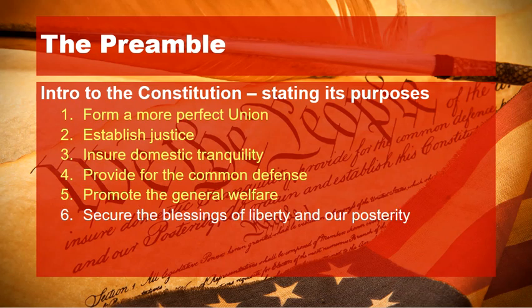And secure the blessings of liberty and our posterity. So to make sure that we are able to have a government that will maintain the freedoms that we won in the Revolutionary War and make sure that those freedoms endure into the future.